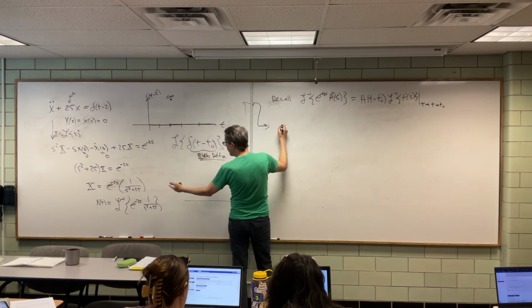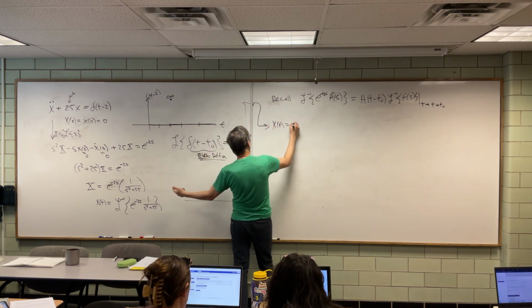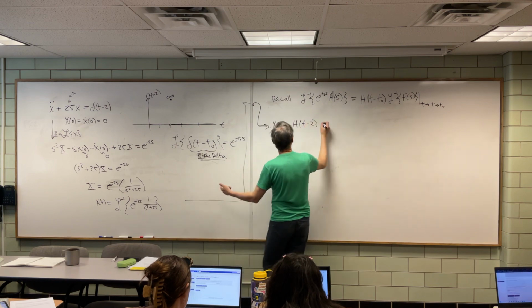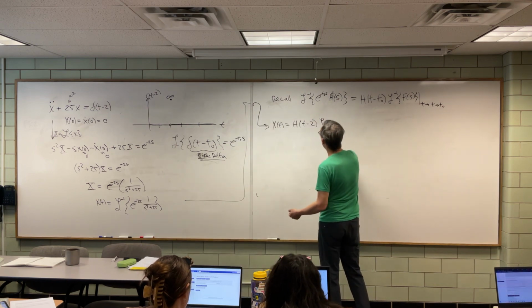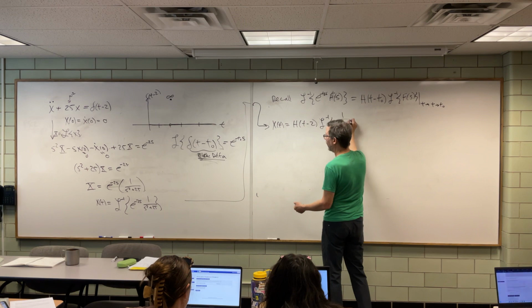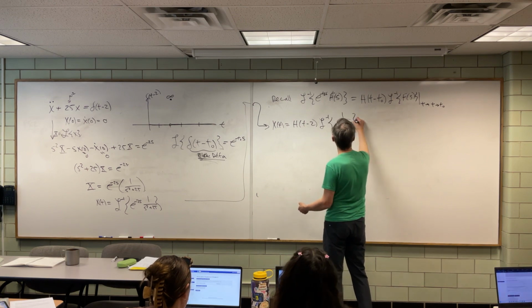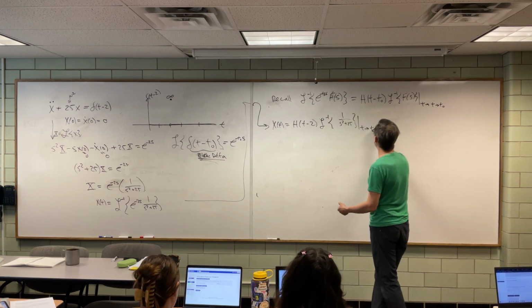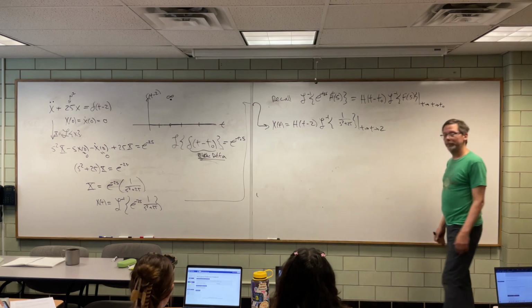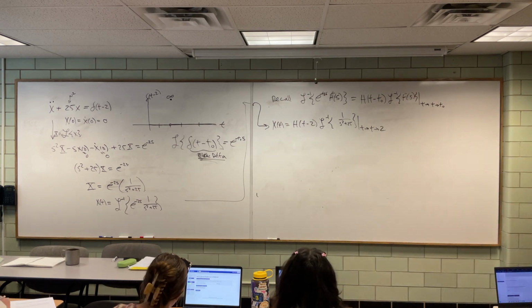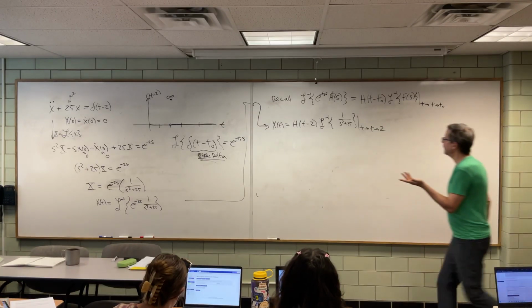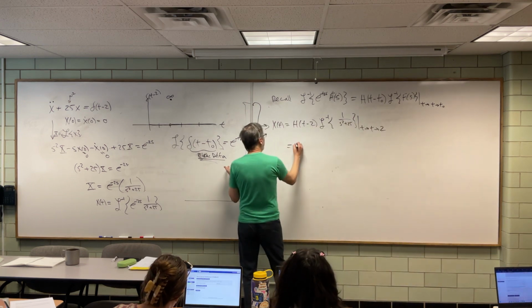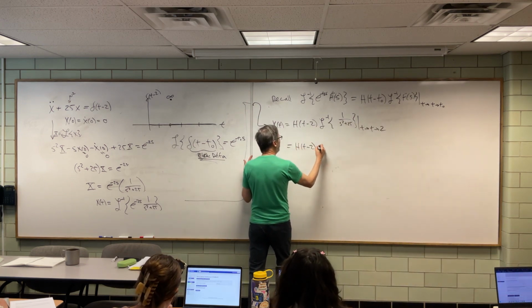So x of t is going to equal the Heaviside of t minus 2. Things click on in 2 seconds. L inverse of 1 over s squared plus 25. And after I'm done, t will go to t minus 2. This is Heaviside t minus 2 times what?